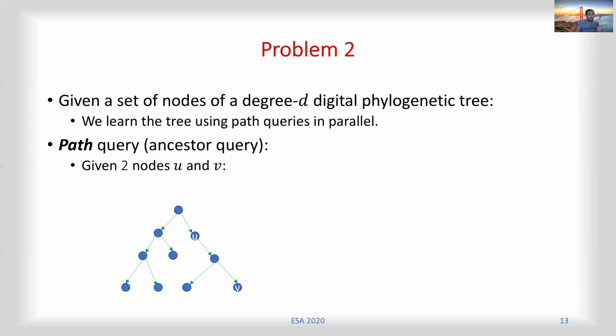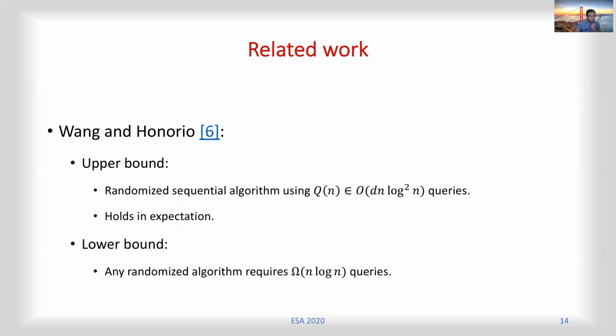Each path query or ancestor query works like this. Given two nodes U and V, it finds if U is an ancestor of V, or in other words, if U has a path to V.